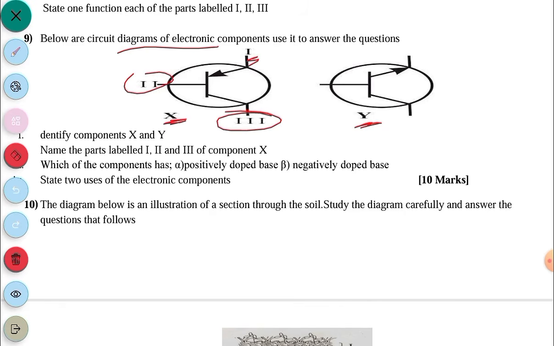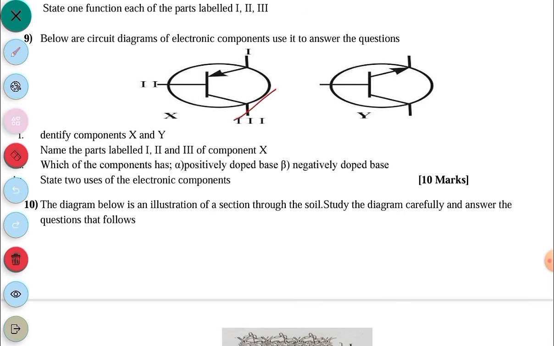Then we are asked which of the components has a positively doped base and which has a negatively doped base. So the one with the positively doped base is the PNP transistor, which is this one. And the one which has the negatively doped base is the NPN transistor.